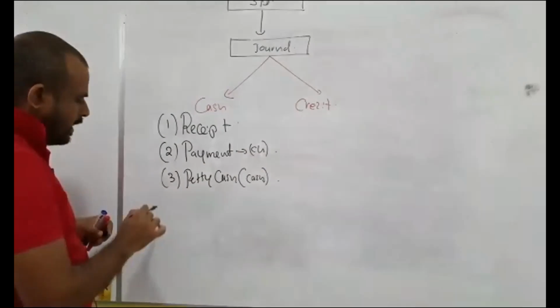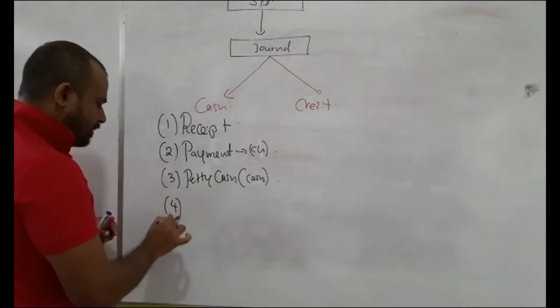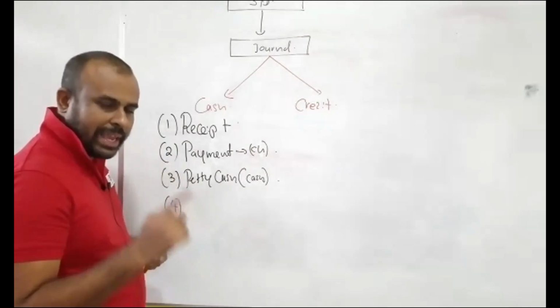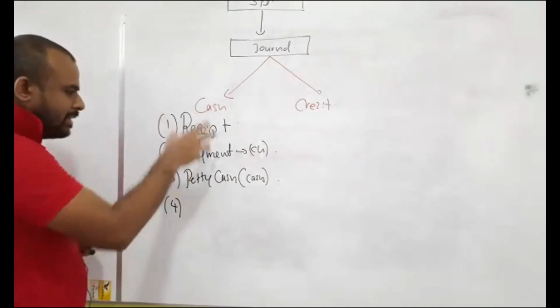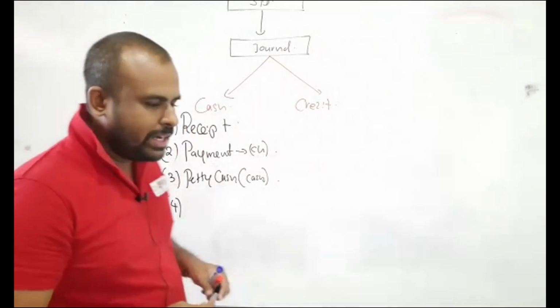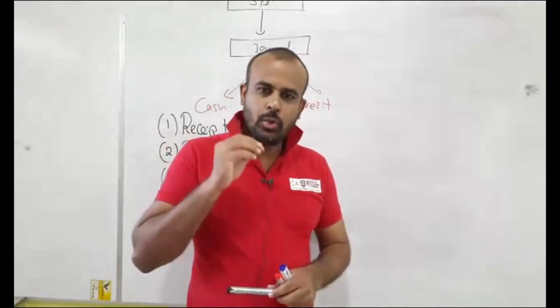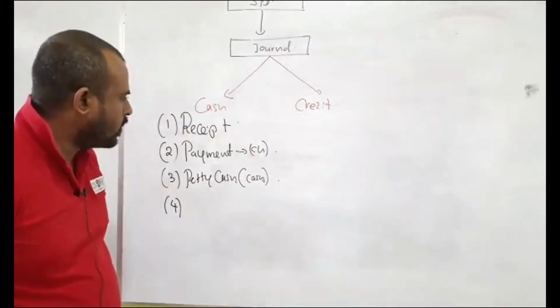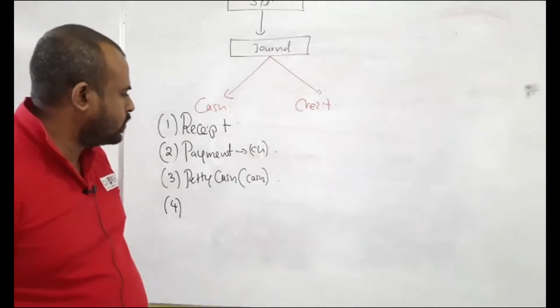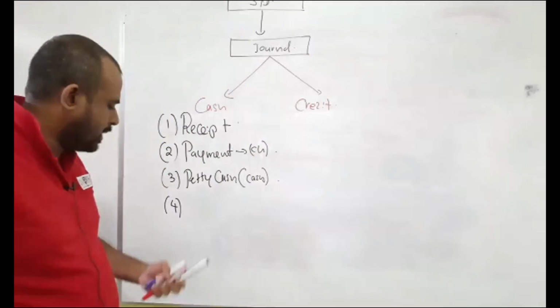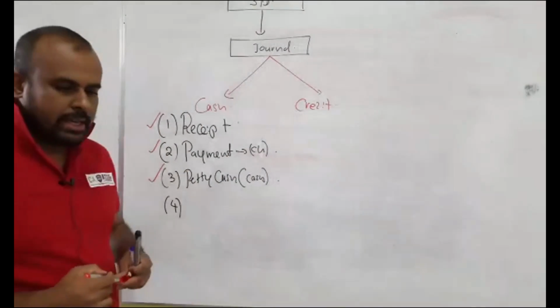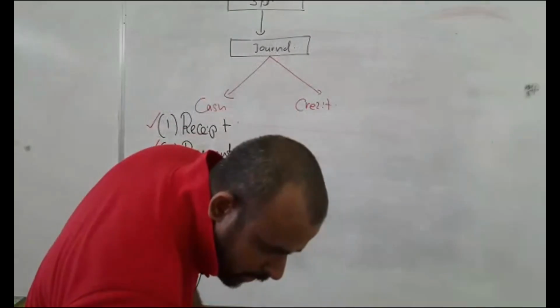And in addition to that, to record cash transactions, do we need any other journals? Other than these three, do we need any other journal? Yes or no? Can you record all cash transactions through these three journals? Very good, Ravi.